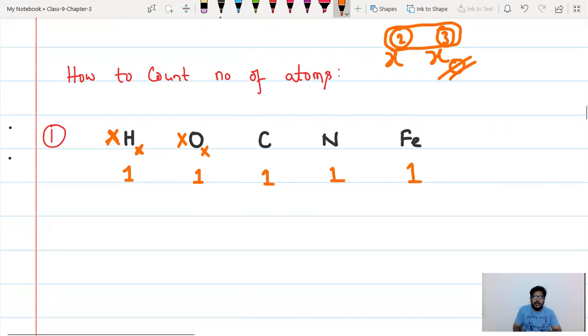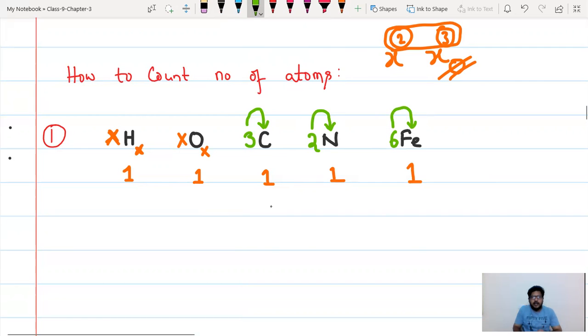If you find a number in front of the element, for example 3, or 2, or 6, this 3 will be counted for this carbon, 2 should be given for this nitrogen, and 6 should be given to this iron.